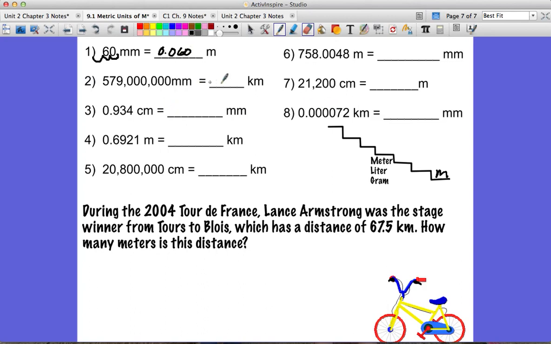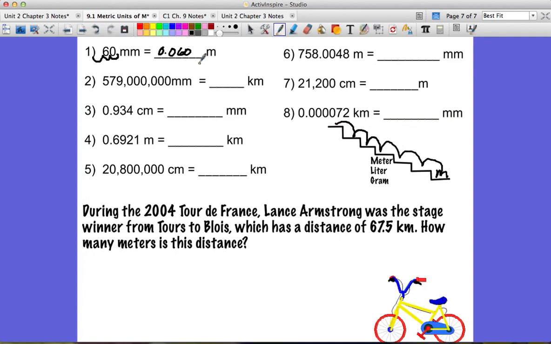Now, going from millimeters to kilometers, again, I'm going to divide, and for every step, that's another power of 10. So it's 10, 100, 1,000, 10,000, 100,000, 1 million.